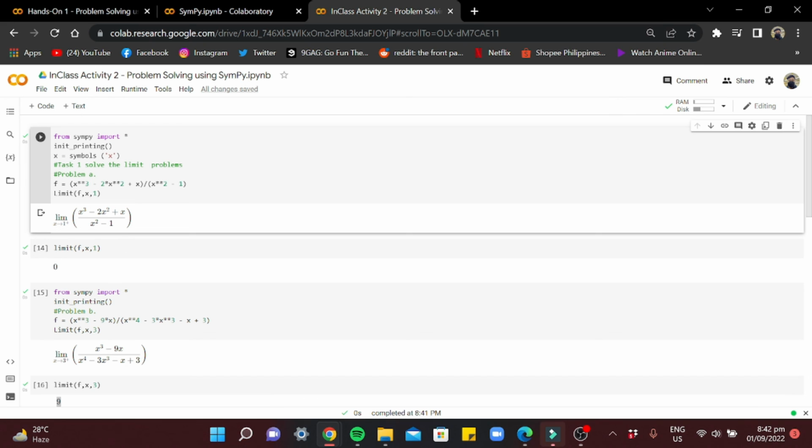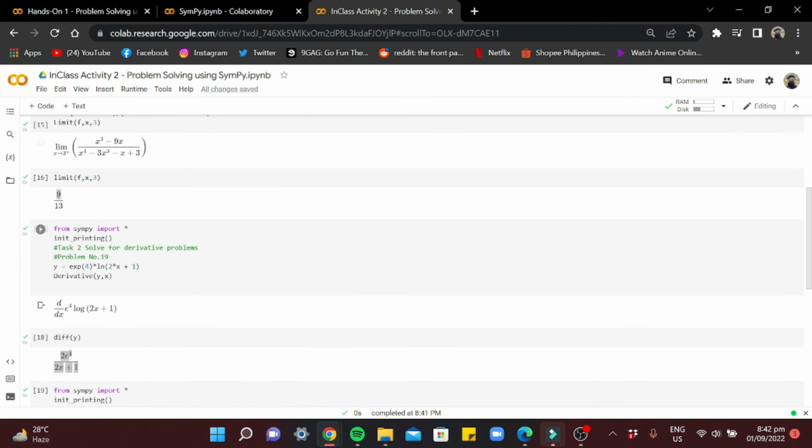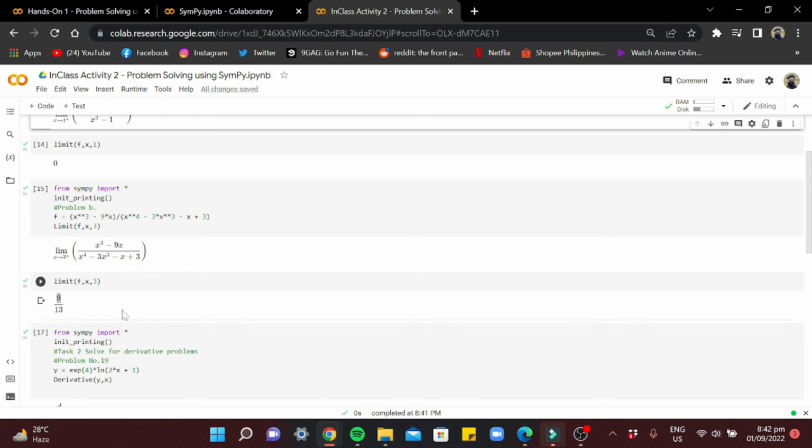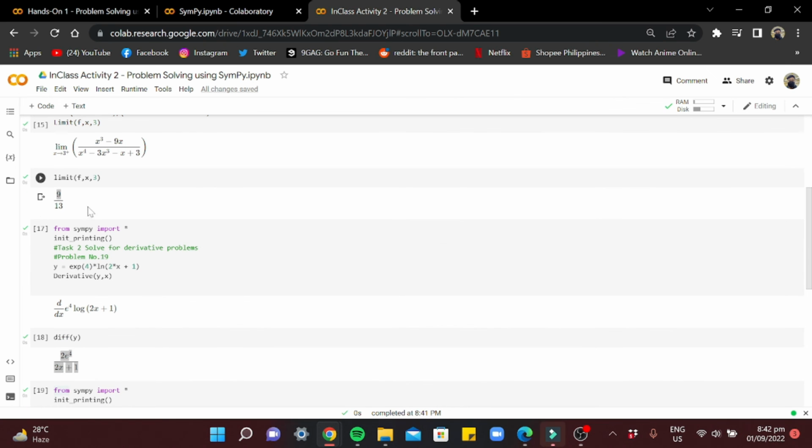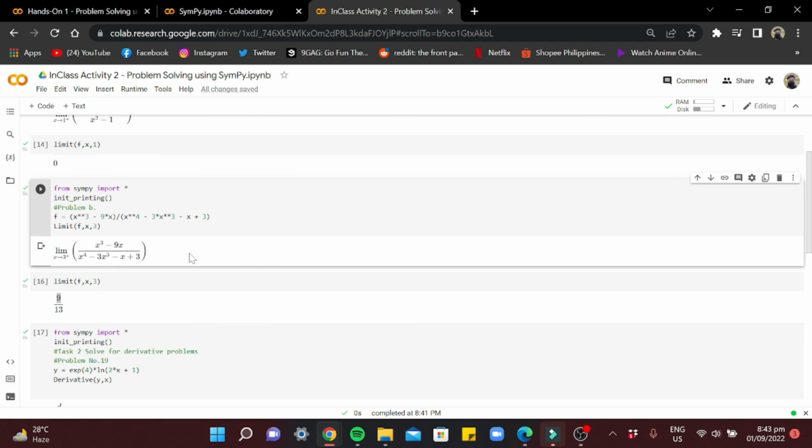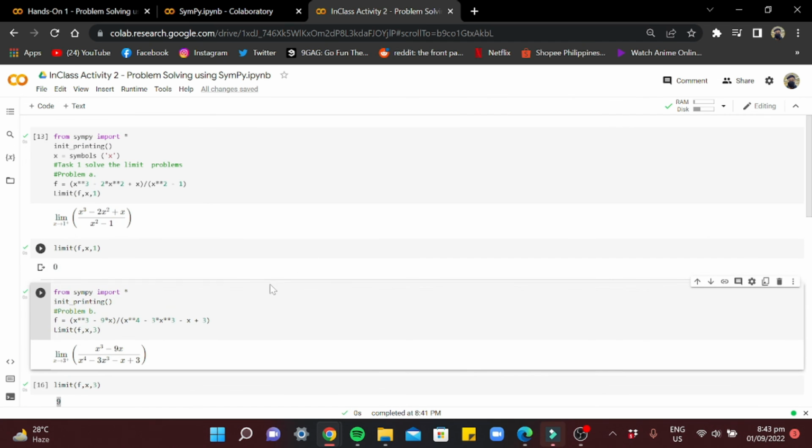It's kind of easy to input the code, but we don't know the process of obtaining the answer. It's just like plug and play. We plug in the code from the SymPy module in Colab so that we can directly output the answer for a given function. So that's my learning from this activity.